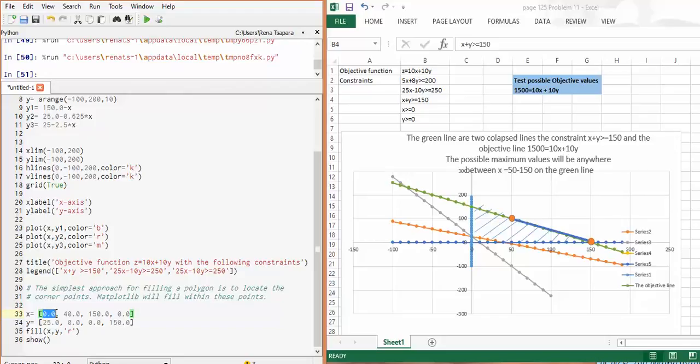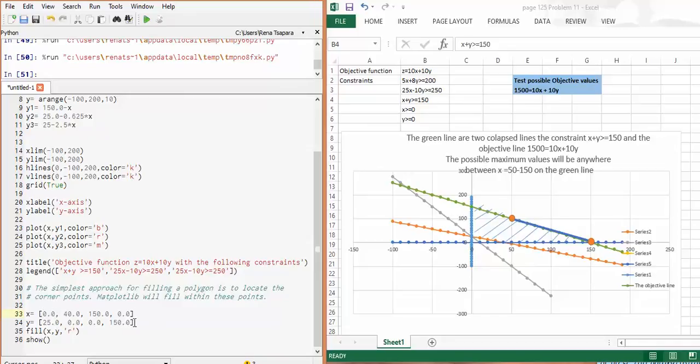The numbers that you set up for the x, it has four arguments because we have four corners. If we have 5 or 6 corners, then we will have 6 arguments. And the x will be defined by the x coordinates of the points.